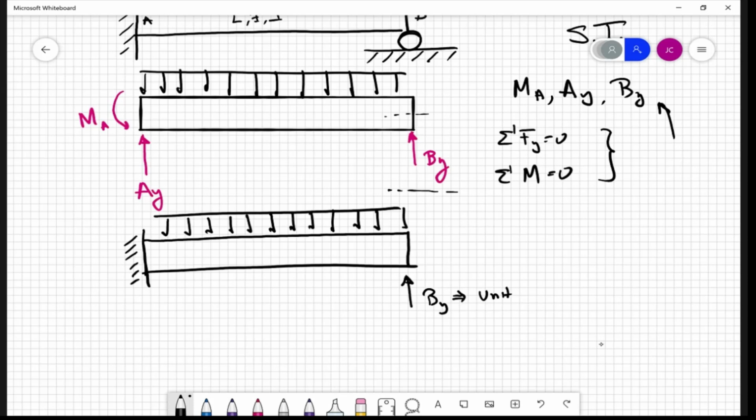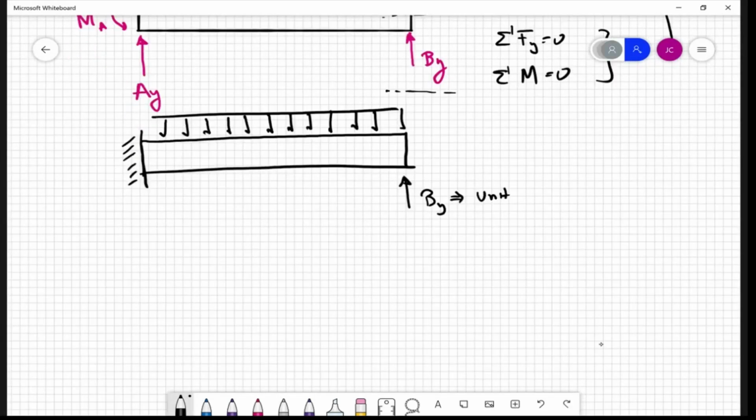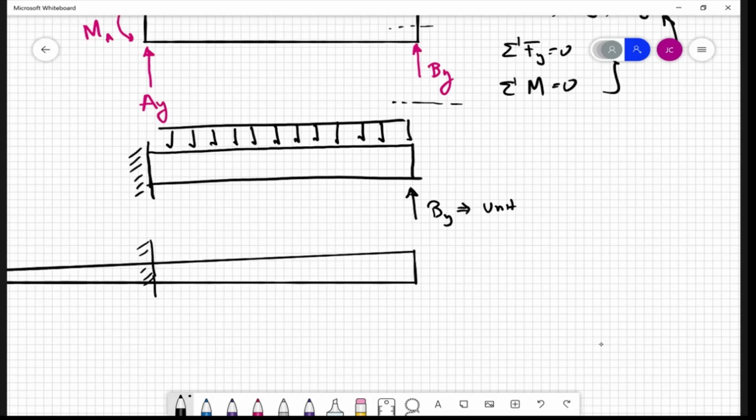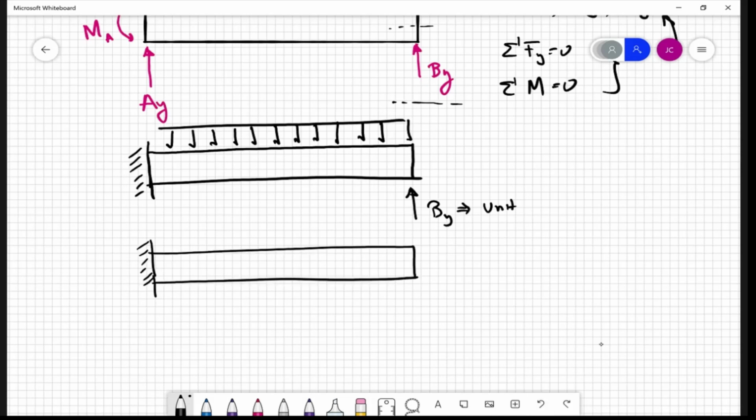And then what we want to do is we're going to break this up into superposition, right? We're going to consider this to be this problem with the download.